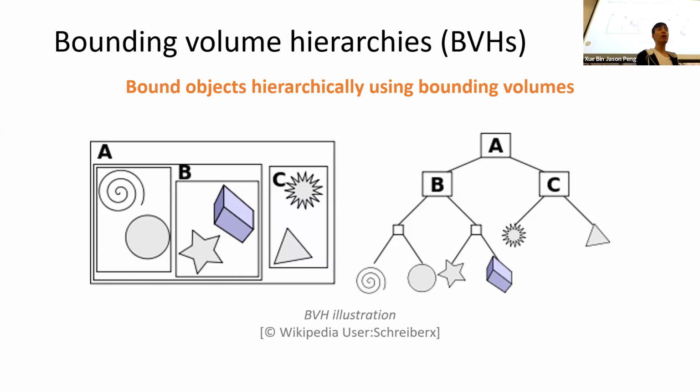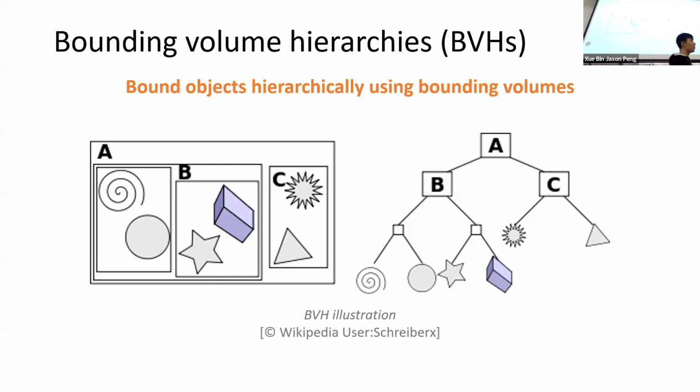And at that point, every bounding volume only contains some minimum number of objects, and we can stop partitioning the bounding volumes. What this gives us then is a hierarchy, a tree of bounding volumes, where every parent node represents a bounding volume, and that bounding volume can be split into smaller children bounding volumes.